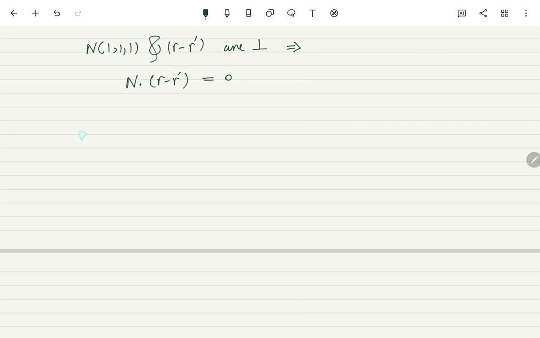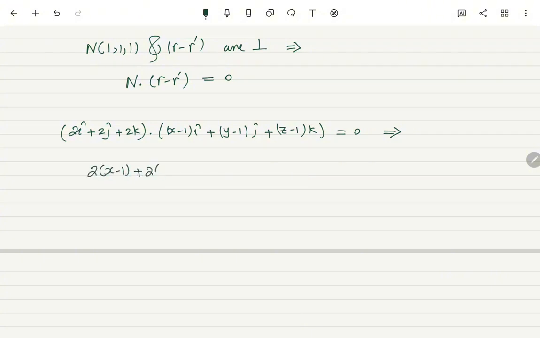In other words, (2i + 2j + 2k) dot ((x − 1)i + (y − 1)j + (z − 1)k) equal to 0, or 2(x − 1) + 2(y − 1) + 2(z − 1) all equal to 0.